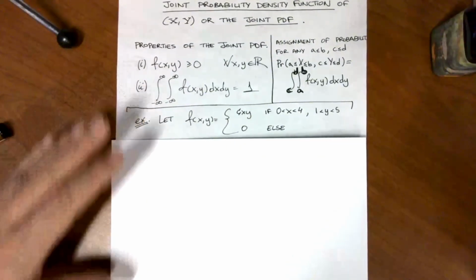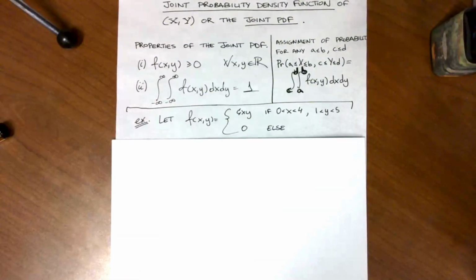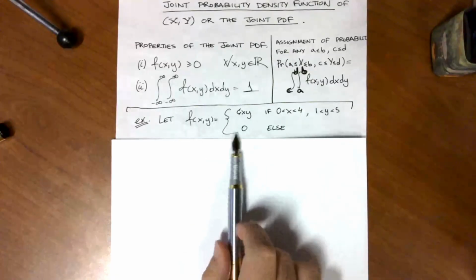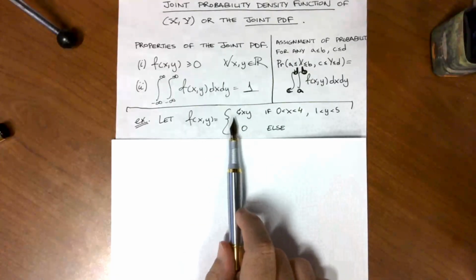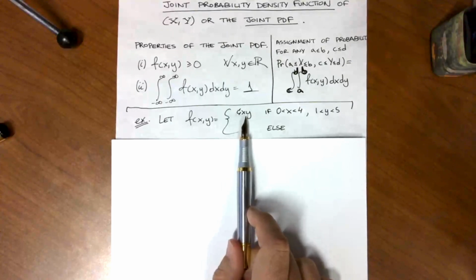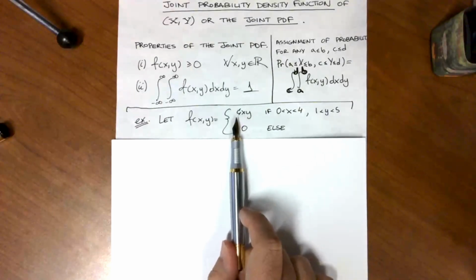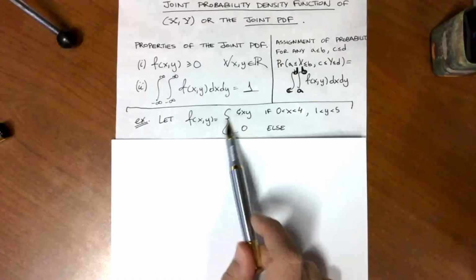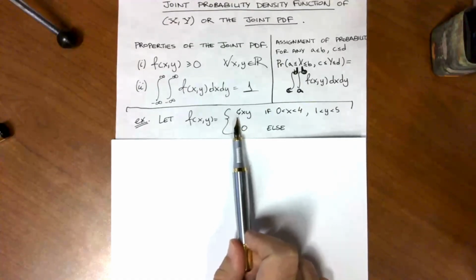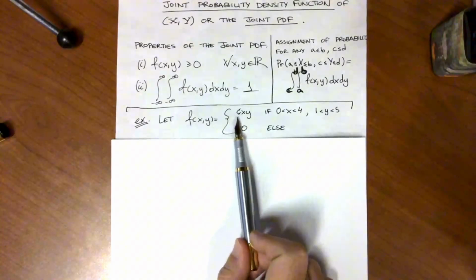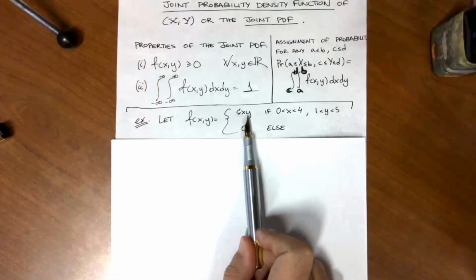So let's look at a specific continuous example with a very simple functional form. Let's say that your f of x comma y is equal to c times x times y, where c is a parameter. This could have been a number, and we're actually going to figure out what that number is in this problem. It's like saying 2 times x times y.